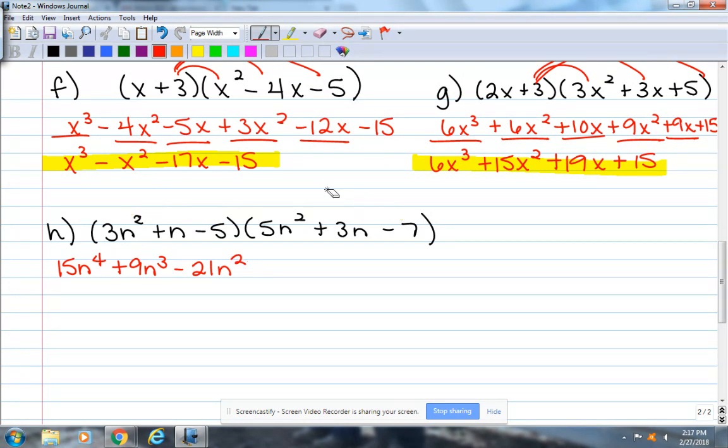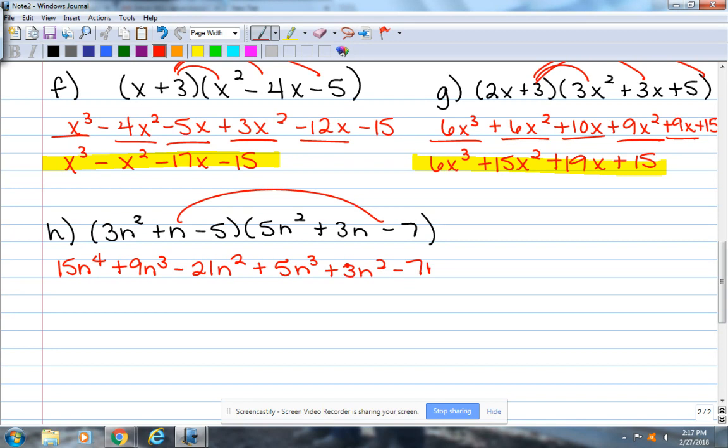Then you go to n. So n times 5n squared is what? It's 1 times 5. Okay, good. And then you do n times 3n is? Yep. And then you do n times negative 7. Negative 7.